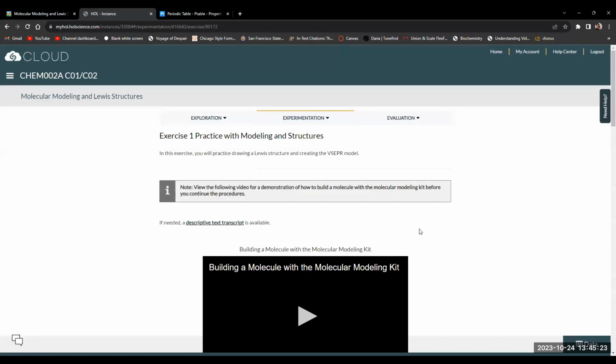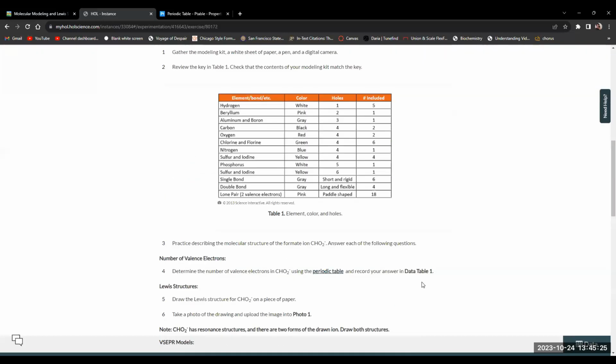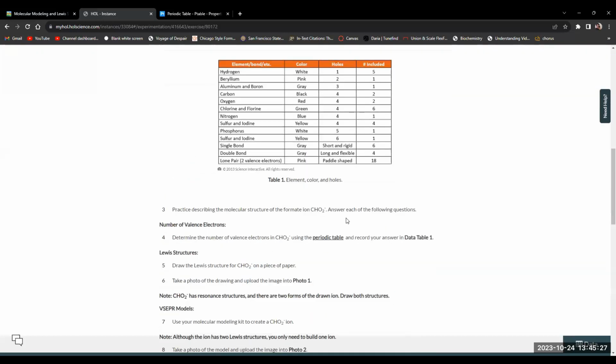All right, now that we know what we know, we can build CHO2 minus. So take a minute to build the structure.